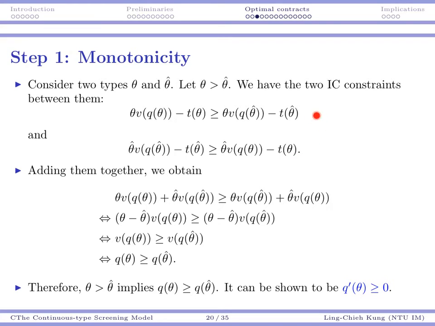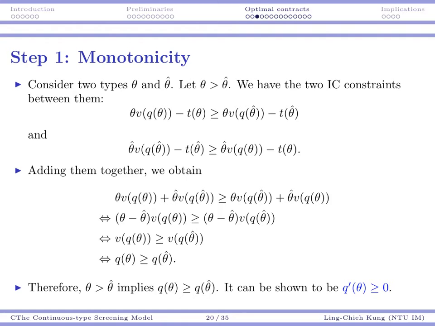If we add the two constraints together, we're going to basically get exactly the same thing as we did for discrete types. T would cancel each other, and then we put the two terms with the same V of Q together, and then theta minus theta hat would cancel each other because they are positive, so the sign would still be the same.